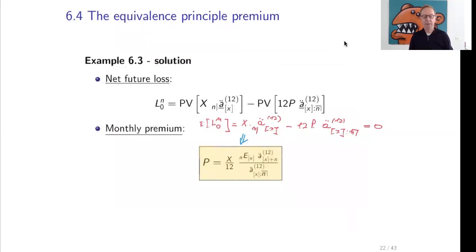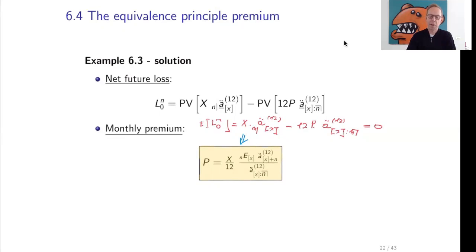Let us now have a look at this problem a little bit numerically. So the loss at time 0 is the present value at time 0 of benefit outgo minus the present value of premium income. So it's the present value of the deferred pension minus the present value of all the premiums that will be paid. Now we want the expected loss.